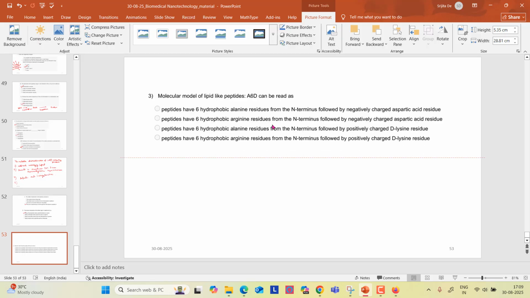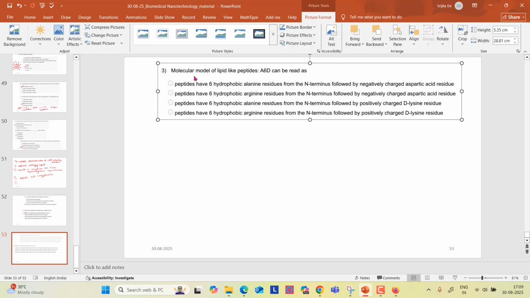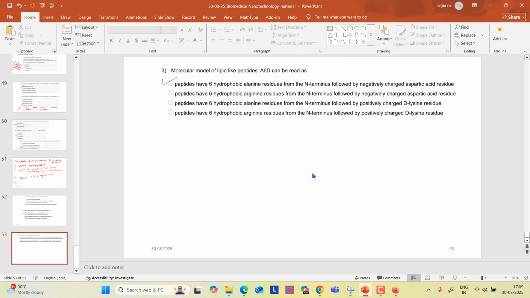In today's assignment also it was there: the molecular model of lipid-like peptides A6D can be read as peptides having 6 hydrophobic alanine residues from the N terminus followed by a negatively charged aspartic acid residue. Option 3A.